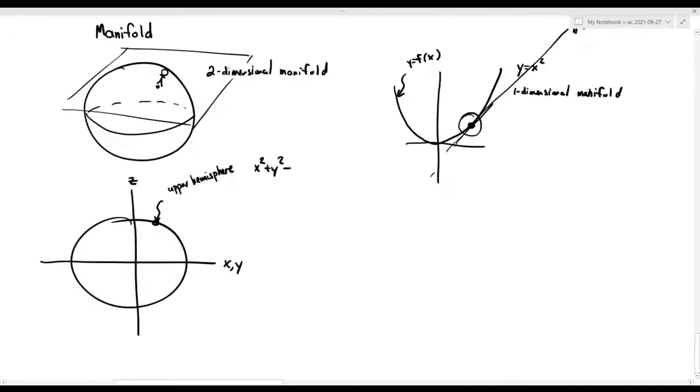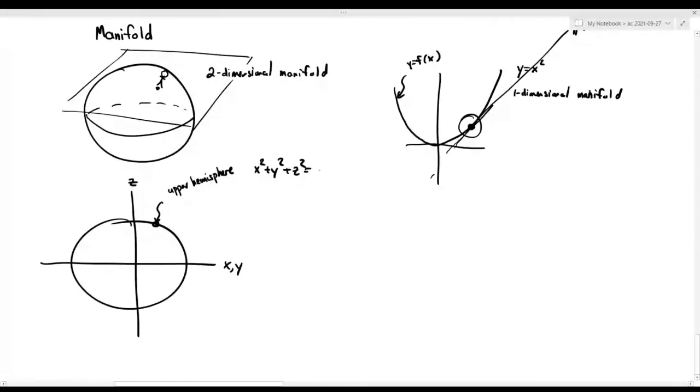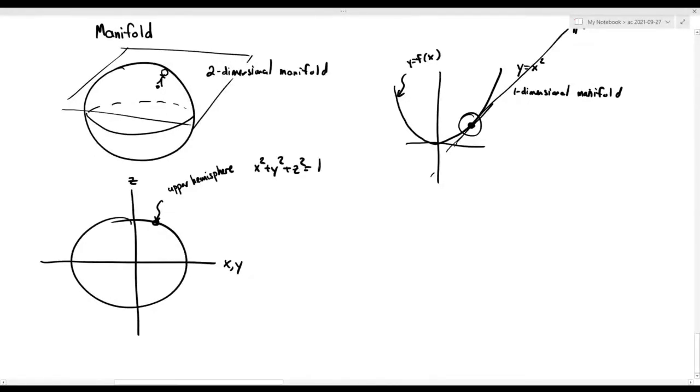So let's just say it's a unit sphere. So we can very easily solve for Z. Now notice that Z is going to be the positive version in the upper hemisphere of whatever this is, right, because Z is technically plus or minus. Okay.